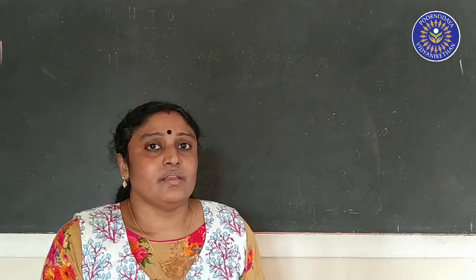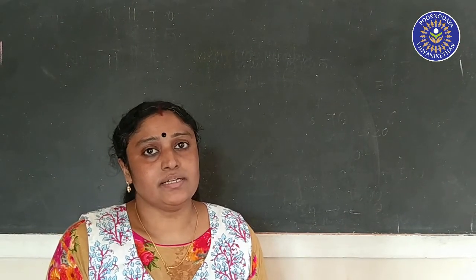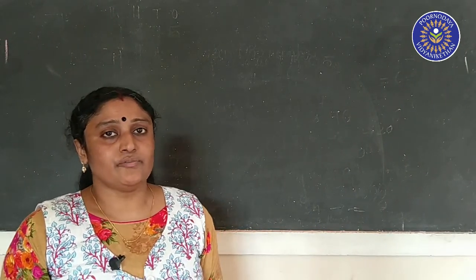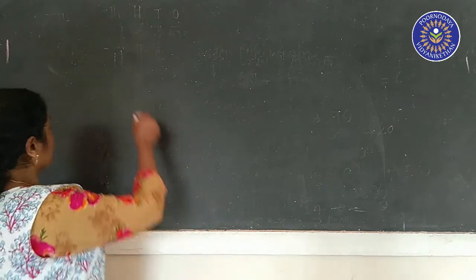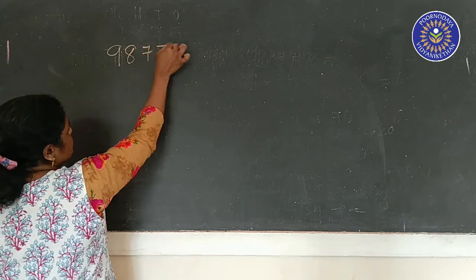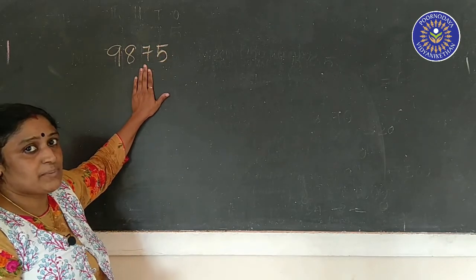Now we can learn the expanded form and short form of a number. Expanded form and short form. Listen here. The number 9875. You already know how to write the expanded form.